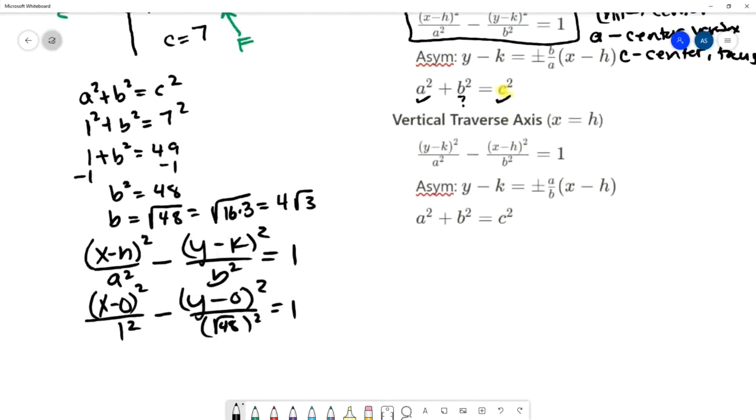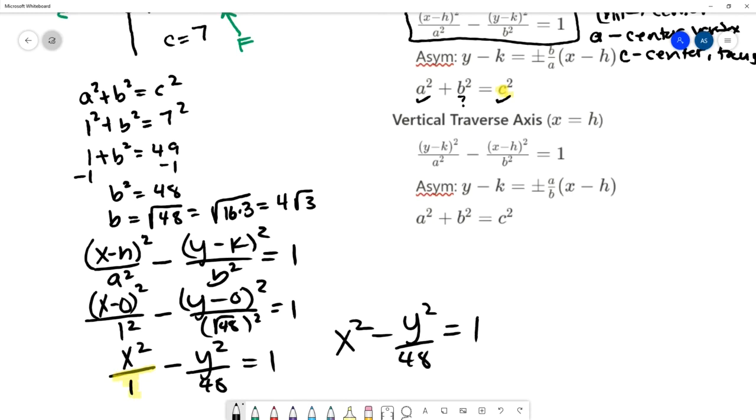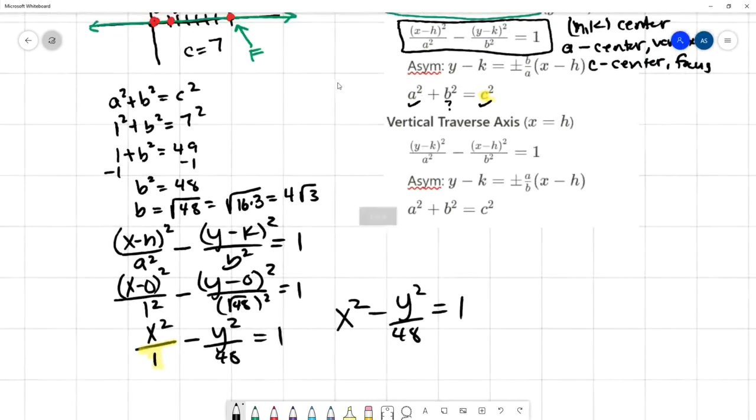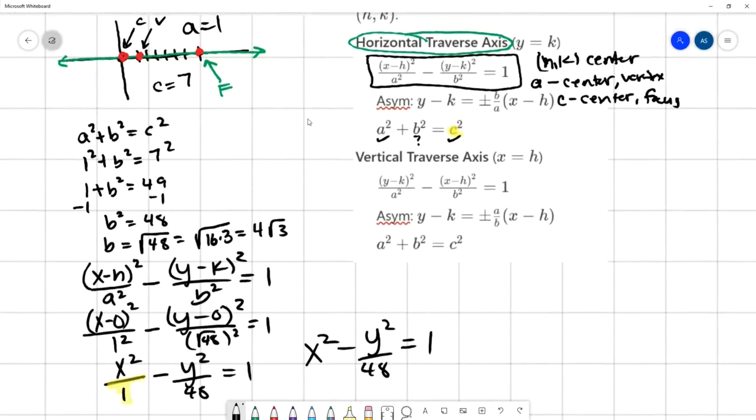And if we simplify, this will give us x squared over 1 minus y squared over 48, because the square root and the square cancel each other out. And we don't typically write divided by 1, so really we would write this as x squared minus y squared over 48 equals 1. So I've got the equation of that hyperbola, and it wanted me to graph it.